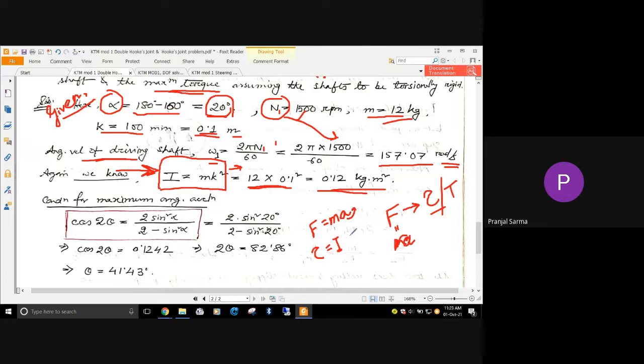So now we have to find out angular acceleration. Angular acceleration means, what is the standard symbol? Alpha. Yes. And omega, in case of rotational motion, what is omega?